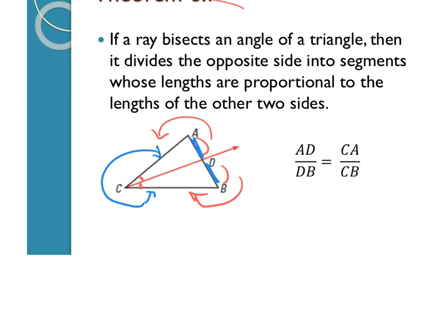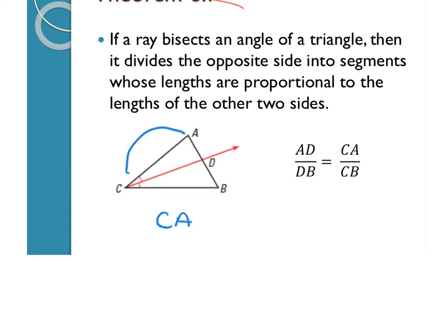Another way would be to take the CA, this side, and put it on top of the side that's right next to it. So you could put it on top of AD. Then again, we'll take the side and put it on top of the piece that was split in two.